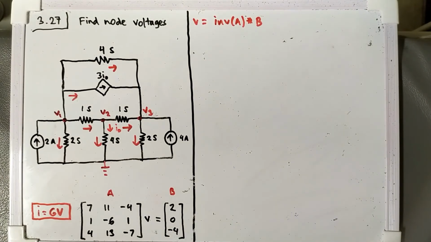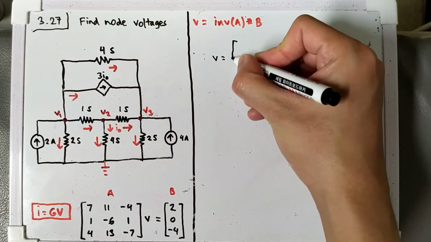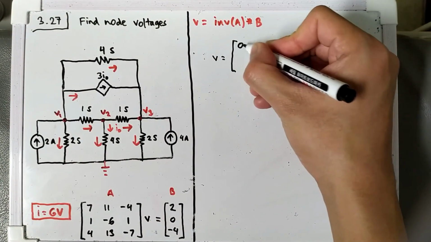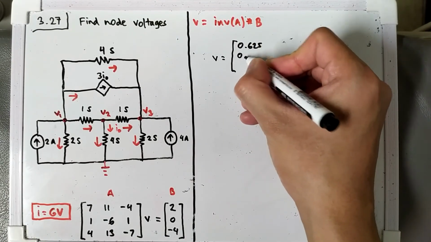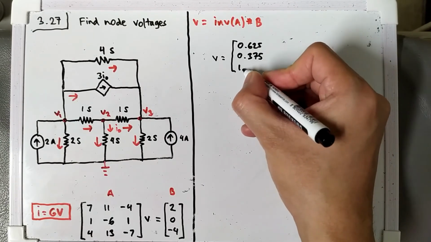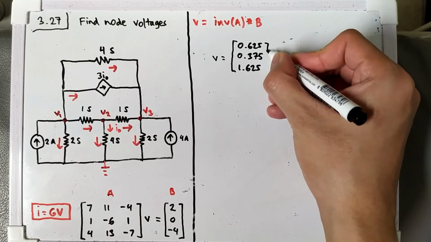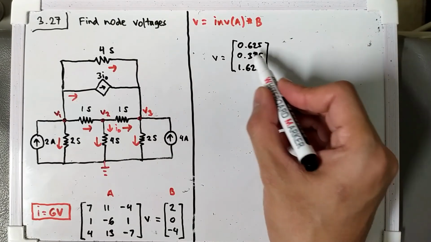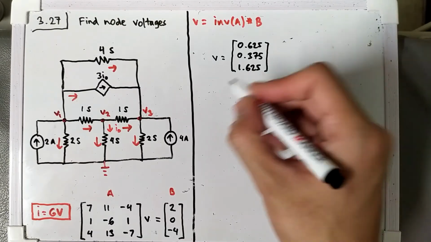I checked the result using MATLAB, and for this matrix V I have 0.625, 0.375, and then 1.625. From this we can tell that this is for V1, V2, and V3.